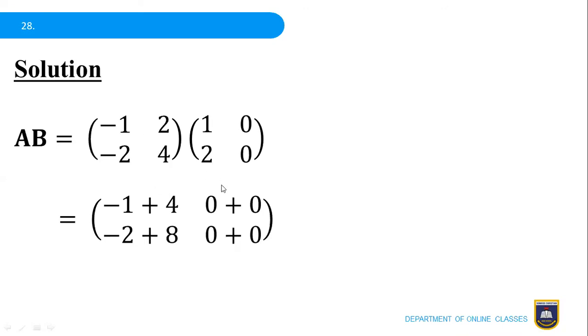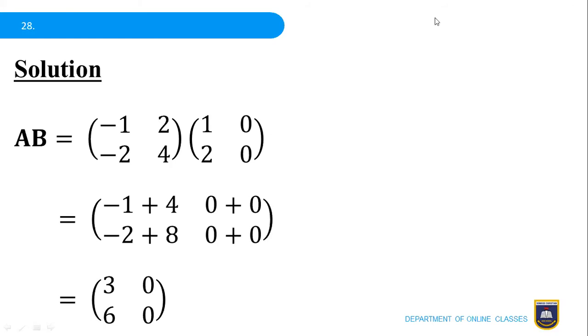Negative 1 times 0 is 0, 2 times 0 is also 0. Then we come to the second row. Negative 2 by 1 will give us negative 2, plus 4 times 2 will give us 8. Then again, negative 2 by 0 will give us 0, plus 4 times 0 is also 0. Now, if you do the addition, we have [3, 0; 6, 0].